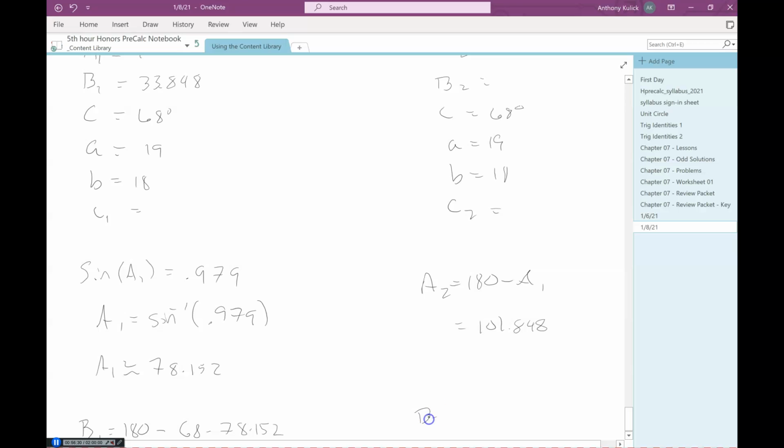And then similarly over here, I get 10.152.